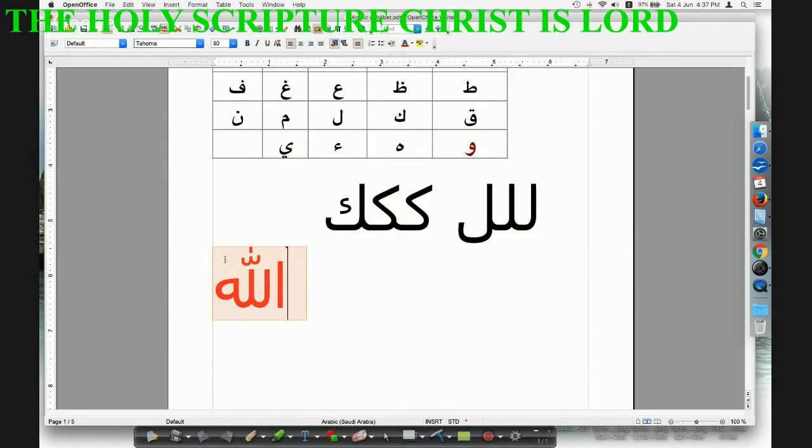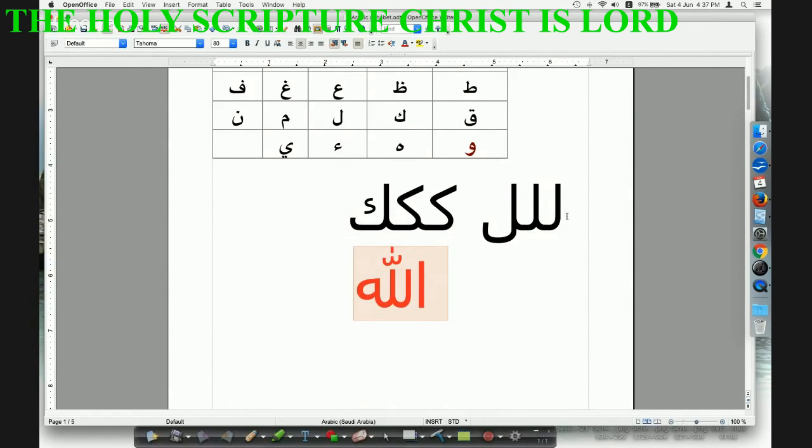Now automatically the keyboard is adding the shadda on the top, so forget about it here. Don't worry about that thing appearing on top. The computer is programmed to do it this way automatically, but that will not affect you.